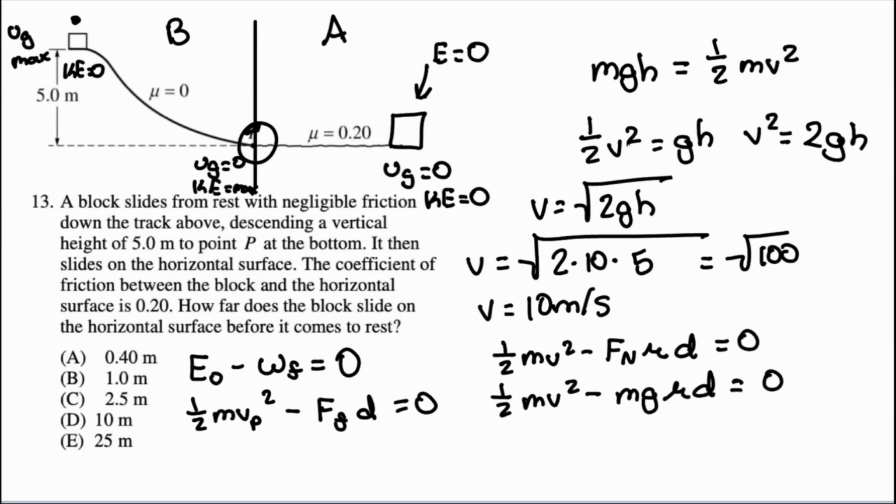And now let's just plug in all of the numbers. Or rather, let's simplify this a bit further. We have 1/2 mv squared is equal to mg mu d. We just moved this term to the other side of the equation. The m's cancel out, so we have 1/2 v squared is equal to g mu d.